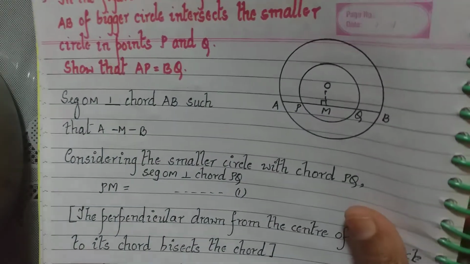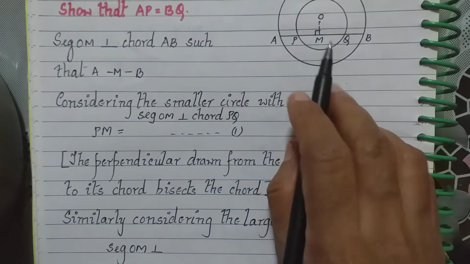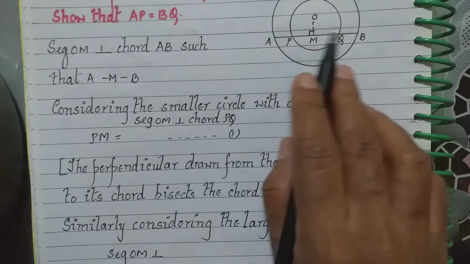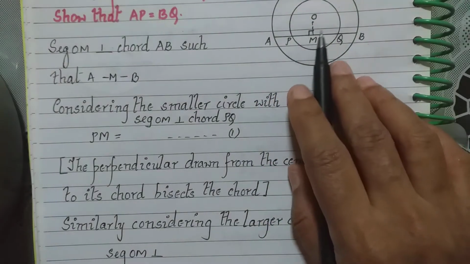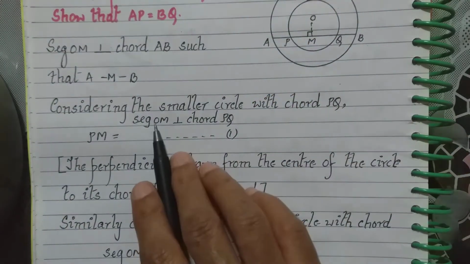Okay, now we consider the smaller circle here. How do we identify the smaller circle? We can't identify with the center because both the circles have the same center O. So we consider this smaller circle with the chord PQ.